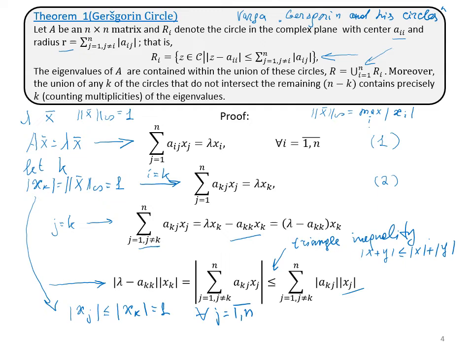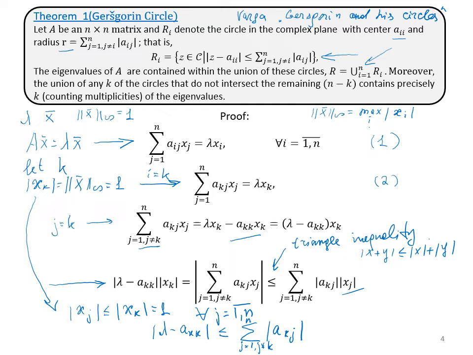And we can write that |lambda minus a_kk| is less or equal than the sum of |a_kj|, j from 1 to n and j doesn't equal k.